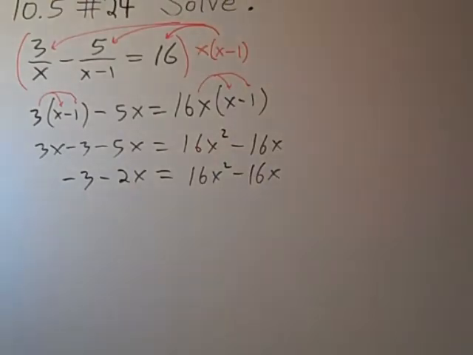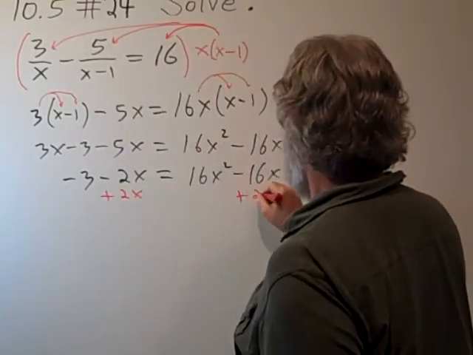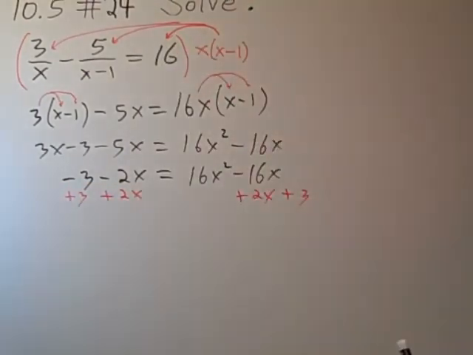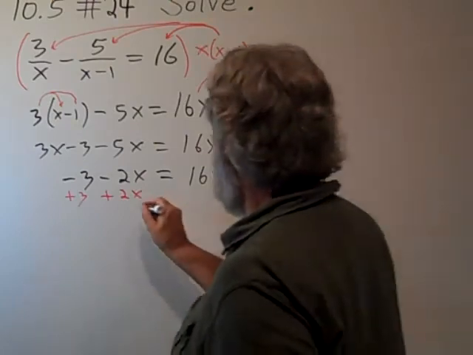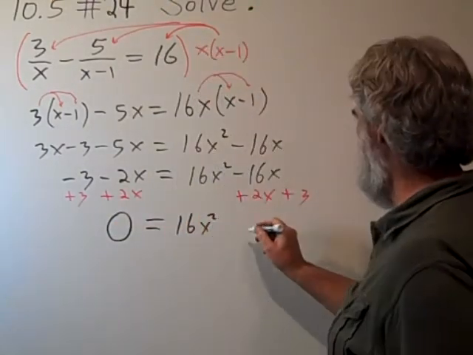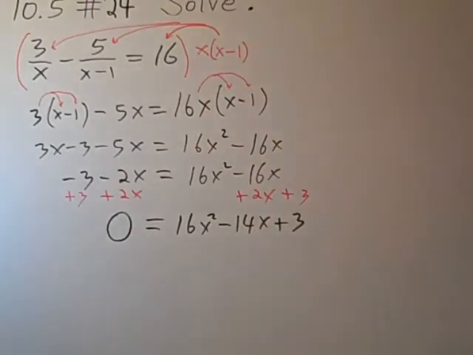Let's bring everything to the right side. Add 2x to both sides and add 3 to both sides. And we get the quadratic equation 0 is equal to 16x squared minus 14x plus 3.